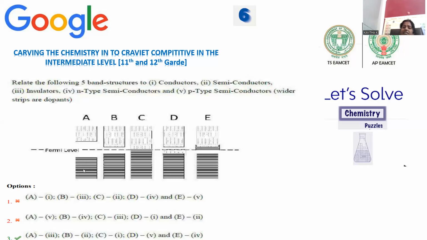Electron movement from the valency band to the conduction band matters for conduction. In order to move the electron from the valency to the conduction band, there are certain barriers we can notice, and here the Fermi energy gap matters.